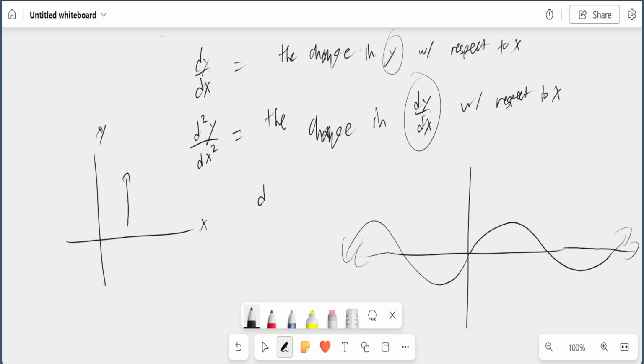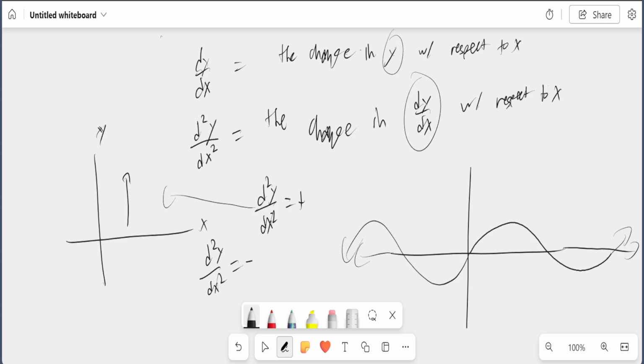That's what it means when d squared y over dx squared, or y double prime, is positive: your y is accelerating upwards. And similarly, when it's negative, your y value is decelerating.